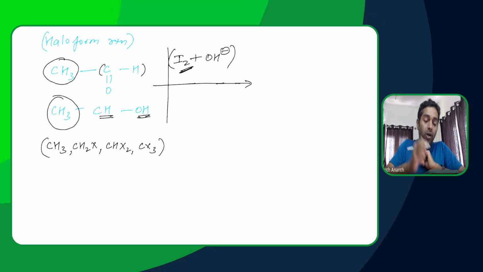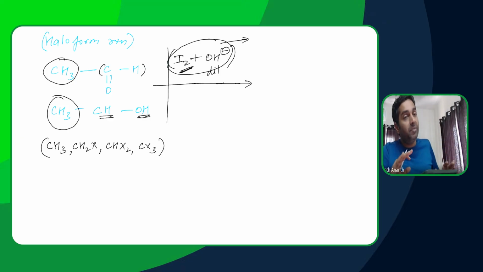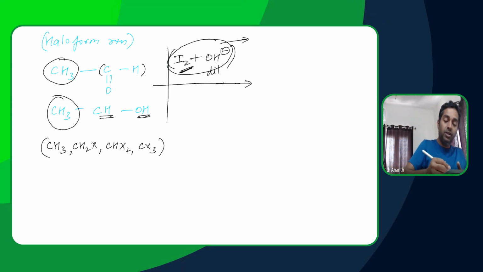Or they can give you the combination of whatever is going to be the product obtained over here. This is going to be dilute basic medium usually. Sometimes you'll also have concentrated basic medium, but you'll have iodine in basic medium generally. There are many different ways in which this mixture can be given.